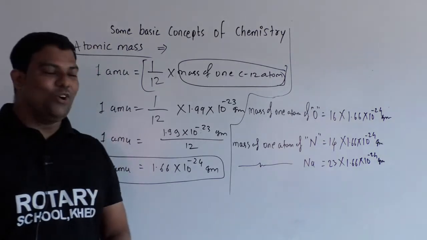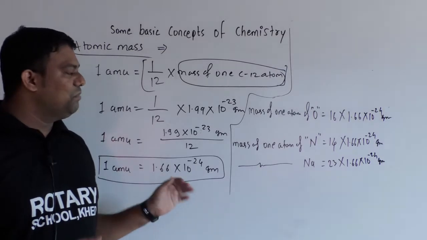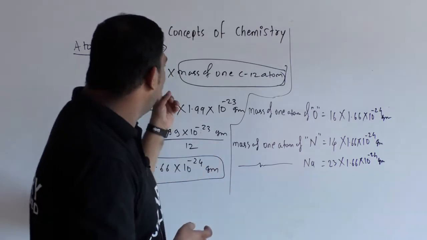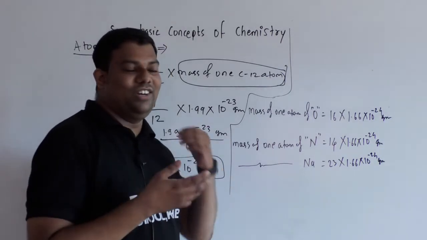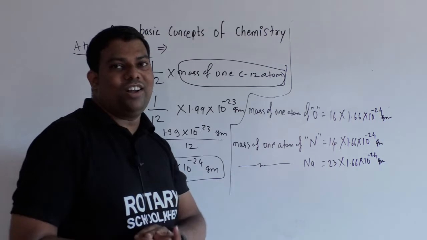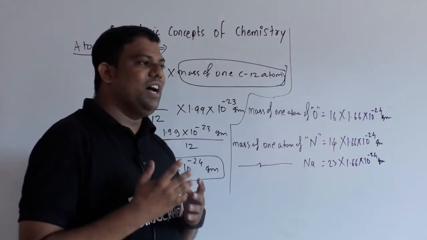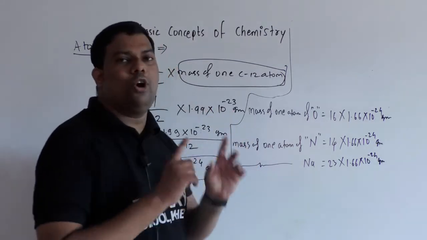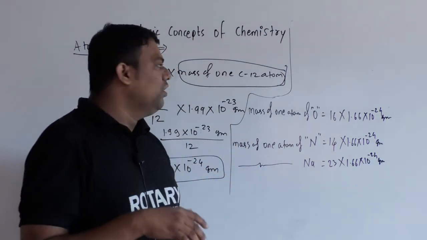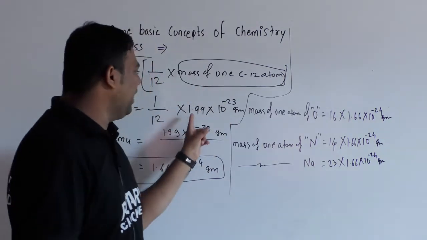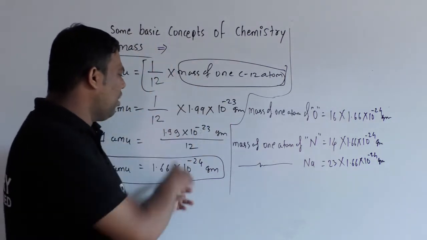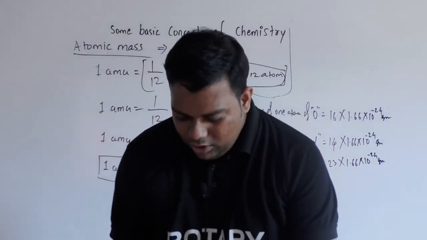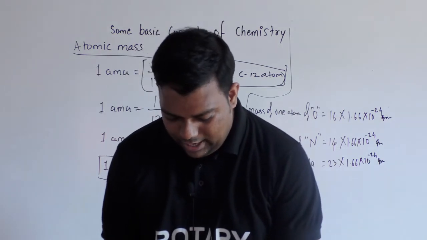So I hope you understood this thing. First we had 1 AMU, that is 1/12 into the mass of 1 C12 atom. Then we shortened it to AMU, that is atomic mass unit. Then after that we discovered the value of this, 1.99 into 10 to minus 23 gram. So after solving you will get the actual value. I hope you understood this clearly.